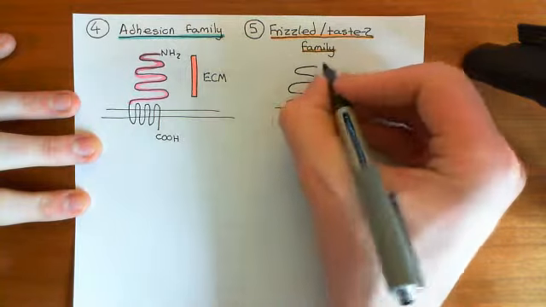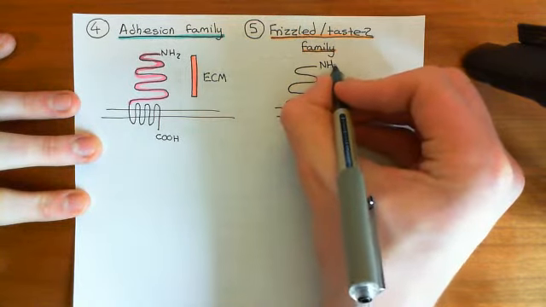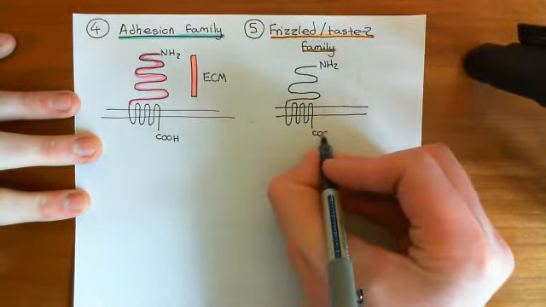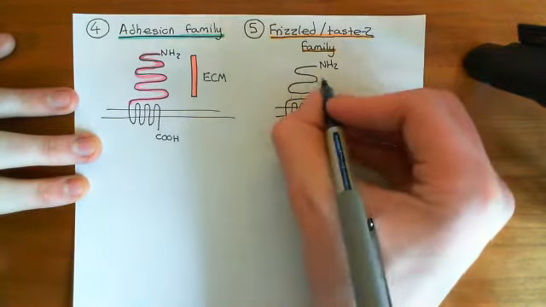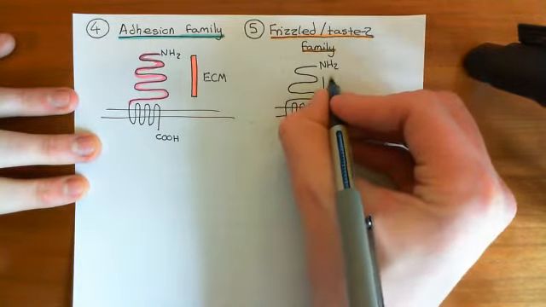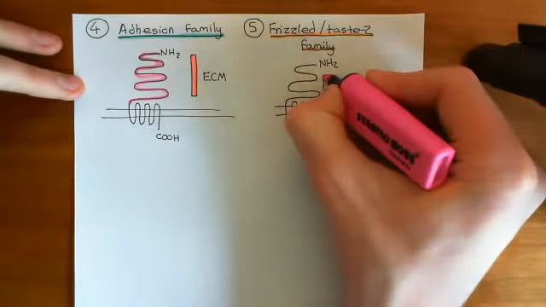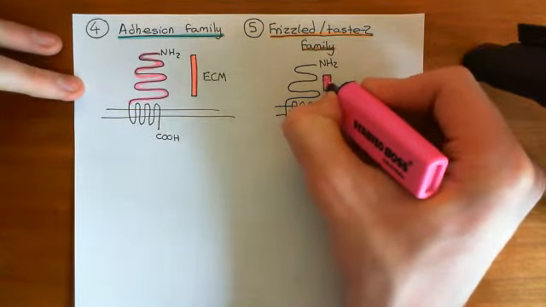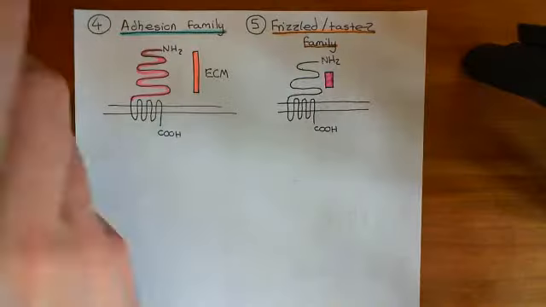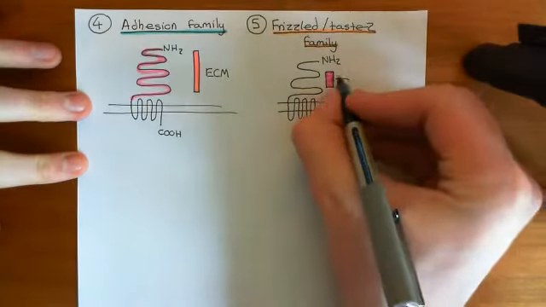So we'll draw one here. Here's the amino terminus of this G-protein coupled receptor, here's the carboxylic acid terminus, and basically the ligand molecule is going to bind to the amino terminal domain of this G-protein coupled receptor, like so. So here is the ligand molecule in purple here.